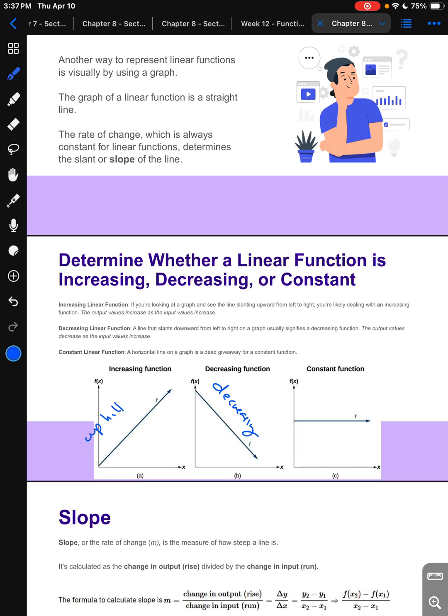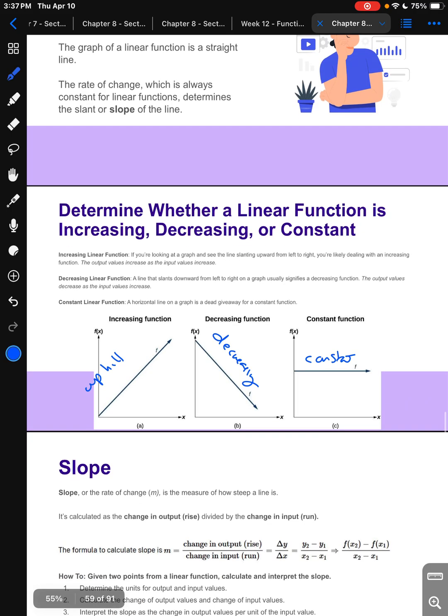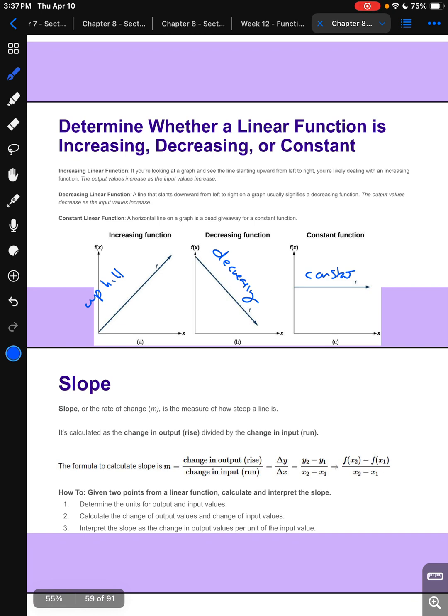If you're just constant, it would be a constant function. Now slope is equal to rise over run, or the change in y over the change in x.